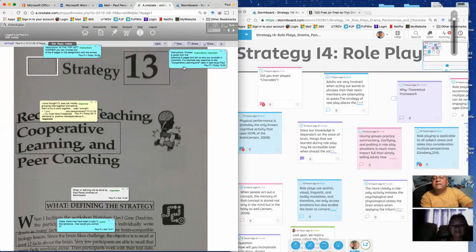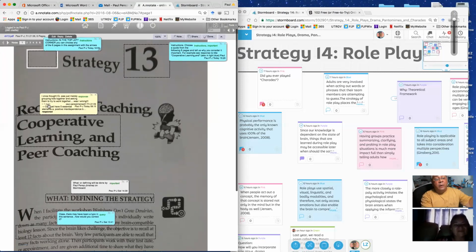For example, I've given you an example, and I said collaborative response to title for cooperative learning, and also in white, see here, I did a response with my name, and I said, I once thought collaborative learning was just merely grouping kids together and asking them to try to work together. And boy, was I wrong.